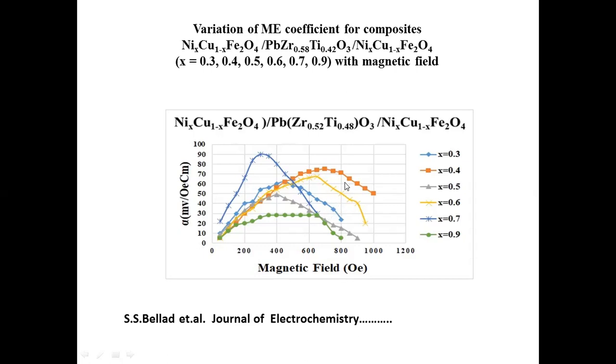So because of that reason, the stress produced on the ferroelectric substance also decreases, and because of that reason, the voltage developed across the ferroelectric sample decreases, and hence the magnetoelectric coefficient also decreases. So this is just an example. This experiment can be conducted for multi-layers or thick films or thin films, whatever it is, this experiment could be done.